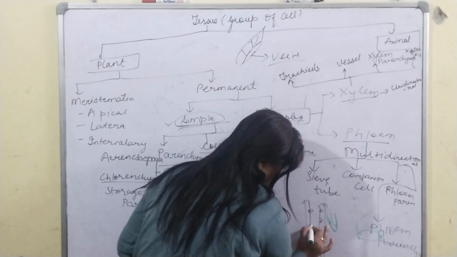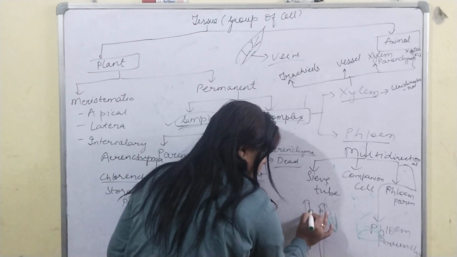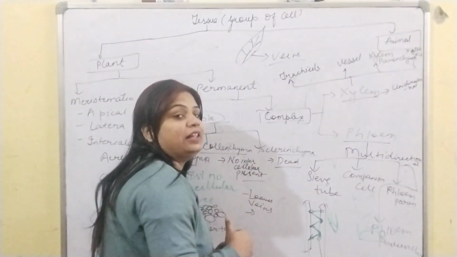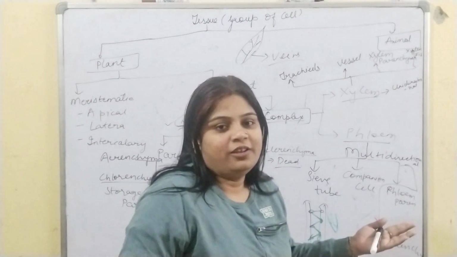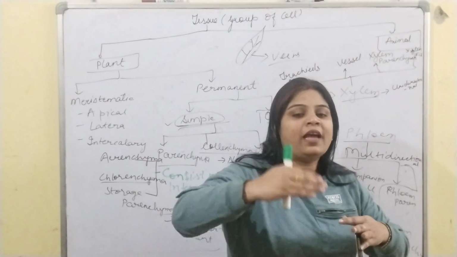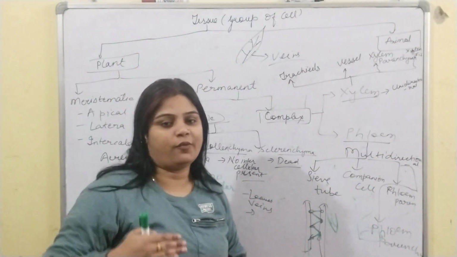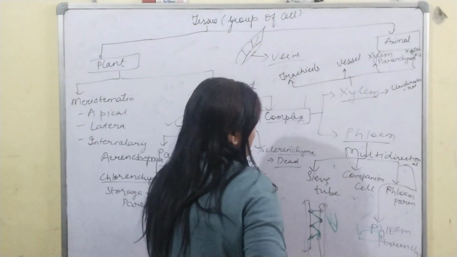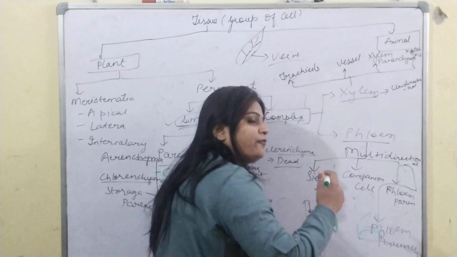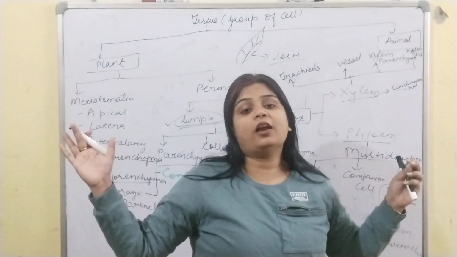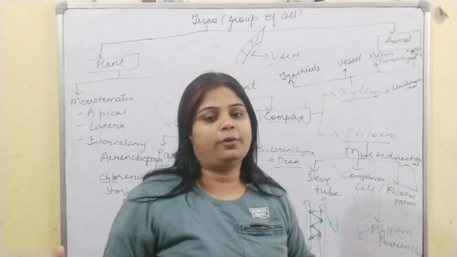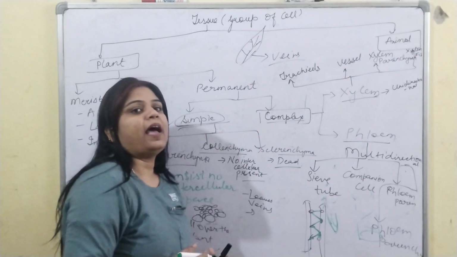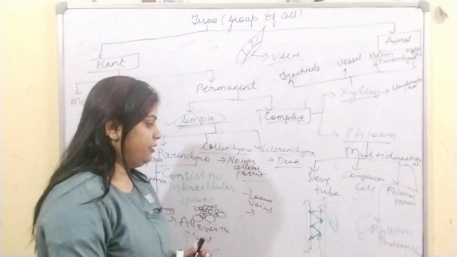Second will give to third, third to fourth, fourth to fifth, fifth to sixth. So the name itself suggests it is like a friend. It makes a company and supplies the food in a chain-like structure, one to another. And from these companion cells it goes to the tube, and further it goes to different parts of the plant, different branches, different leaves, and thus the food is supplied to the different parts of the plant.